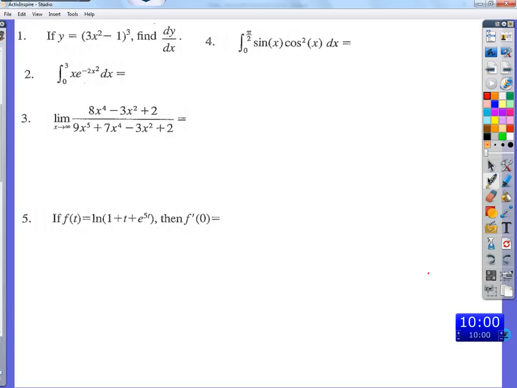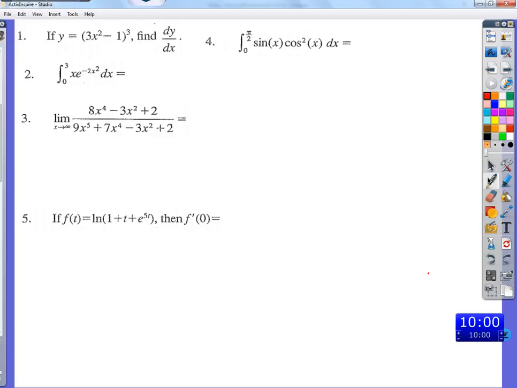We know how to take the antiderivative of sine and cosine, but we can't separate them because they're multiplied instead of added or subtracted.